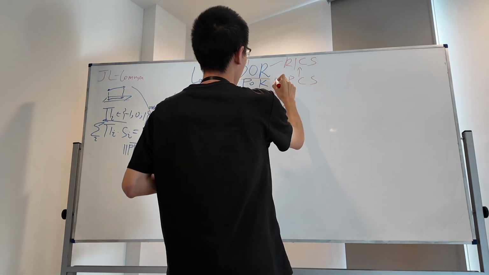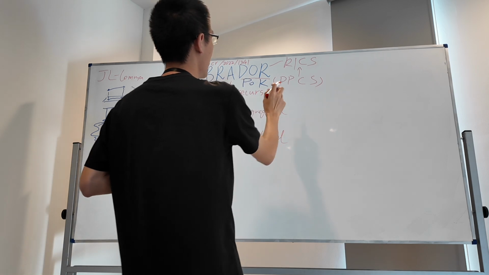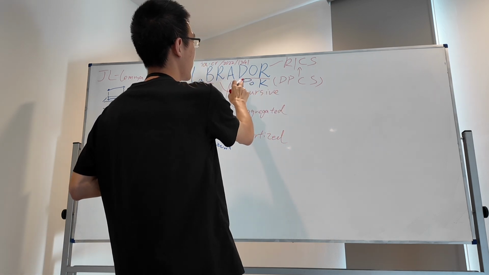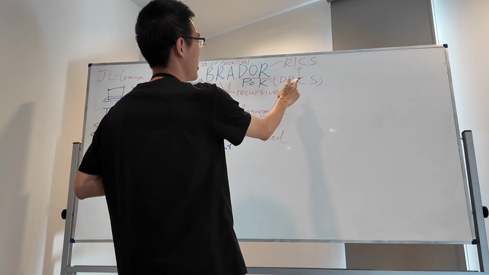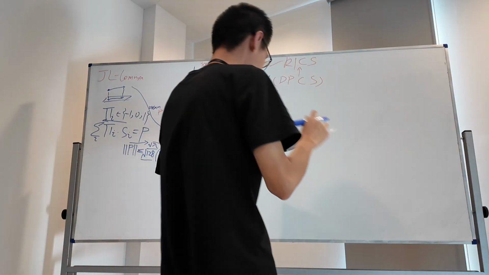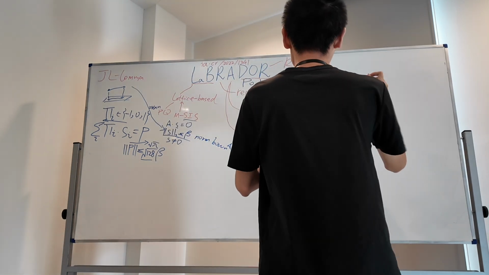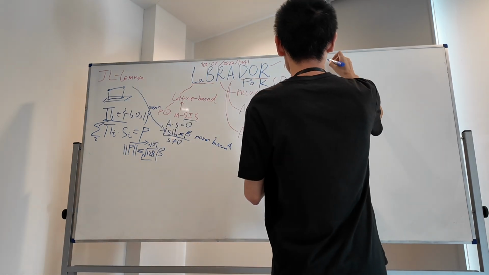Basically, this is a system for proving knowledge of some DPCS relation. So what does a DPCS relation look like? I will write it out.